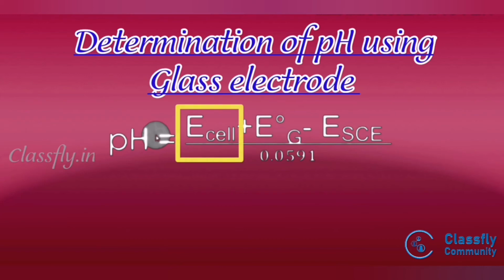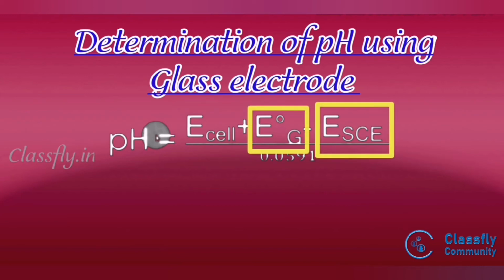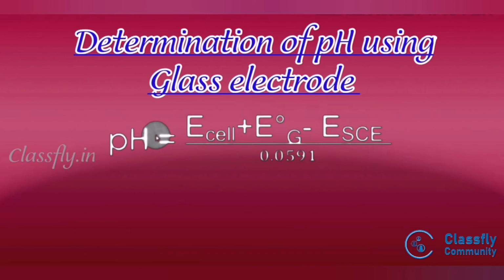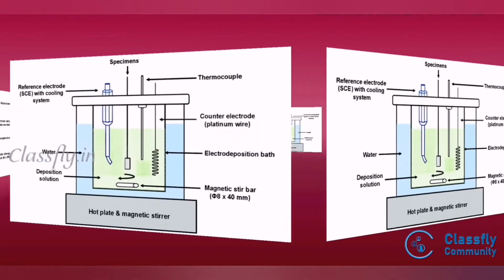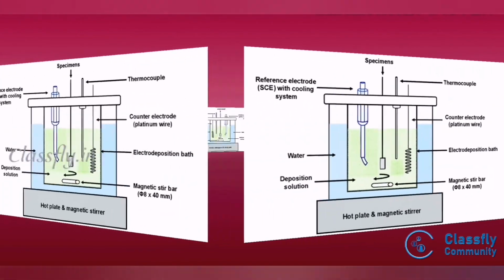Here E cell is already determined, it is known, and ESCE and E0G are constants. Substituting all these values in the corresponding places, we can determine the pH of the unknown solution. So we can easily determine the pH of an unknown solution by using a glass electrode.